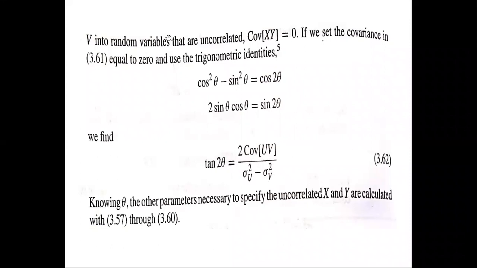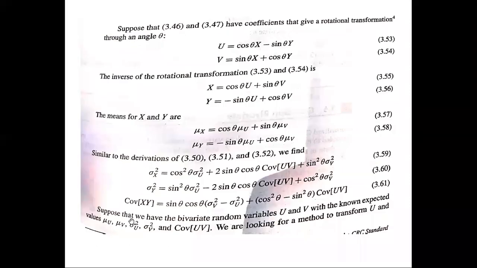So if we say that the x and y variables are uncorrelated, that is the covariance between x and y is 0, then we'll get tan 2 theta is equal to 2 covariance of uv divided by sigma u squared minus sigma v squared. So knowing theta, the other parameters necessary to specify the uncorrelated x and y can be calculated with the equations 3.57 through 3.60.